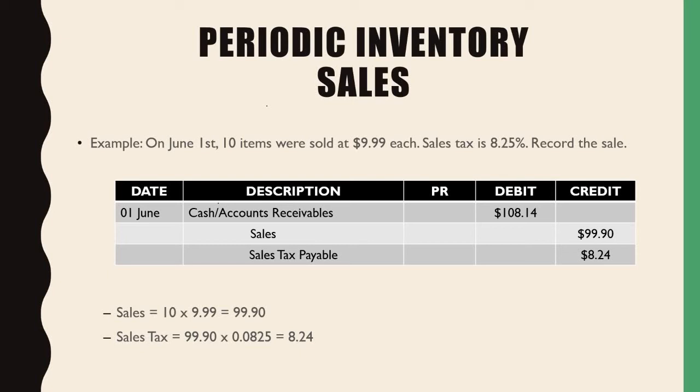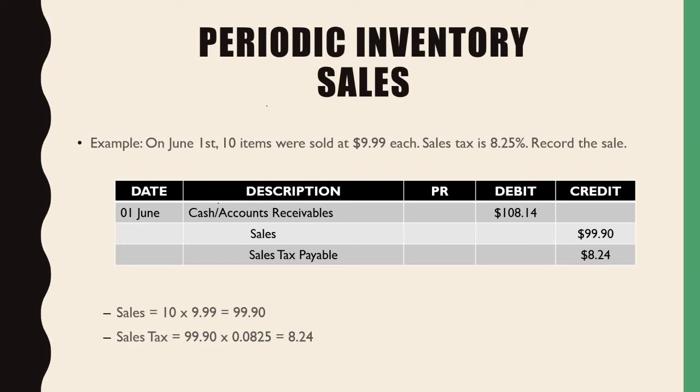We have cash / accounts receivable, because this is what we should be getting from the customer. If a customer decides to give us cash, that's cash. If a customer has an account with us and says, I'm going to use my store credit card or I'm going to place it on an account, then that's going to be considered an accounts receivable.